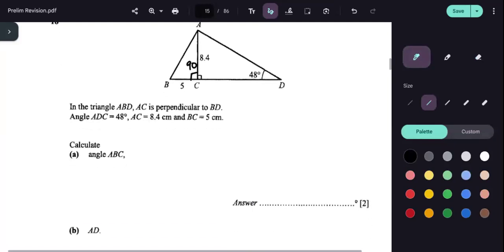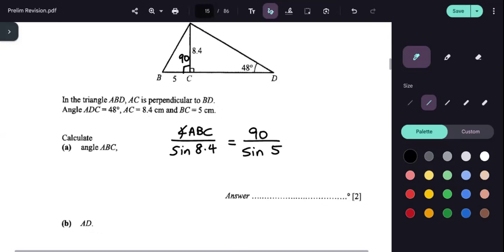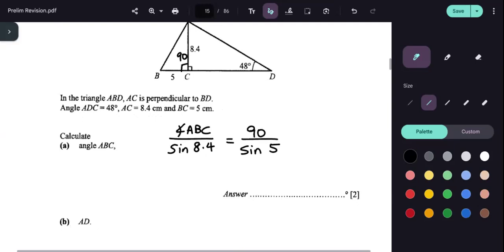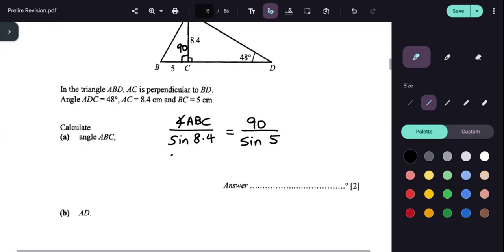So how do you do this? It will be angle ABC over sine 8.4 equals 90 over sine 5. So angle ABC is actually quite straightforward.